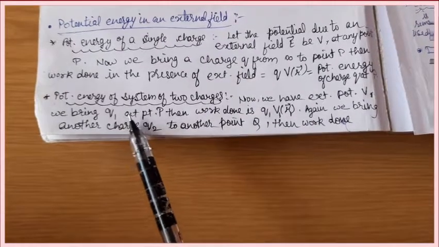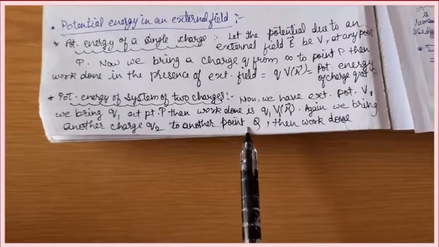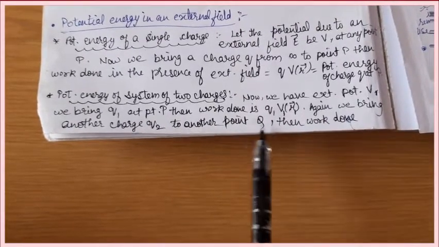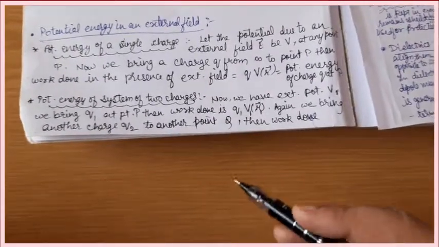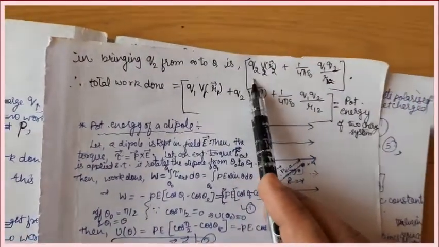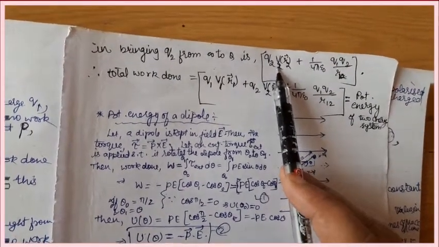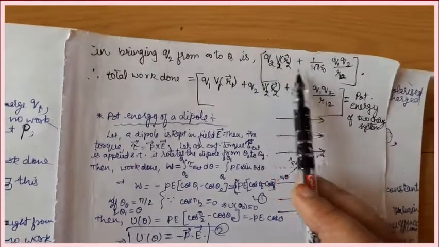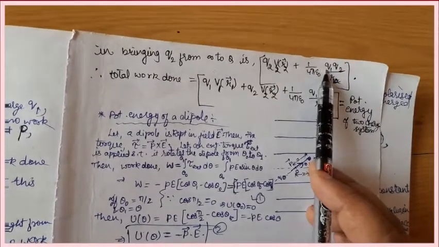Now in the presence of charge Q1 as well as the external potential at point Q, we bring another charge Q2 from infinity to another point Q, where the potential at point Q will be V2. Then the work done in bringing Q2 from infinity to point Q is the sum of the work done against the potential V2, and the work done due to the presence of the already placed charge Q1.